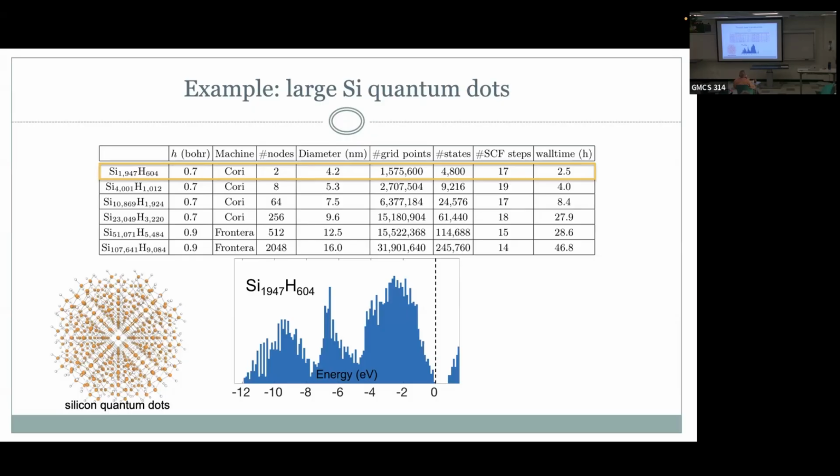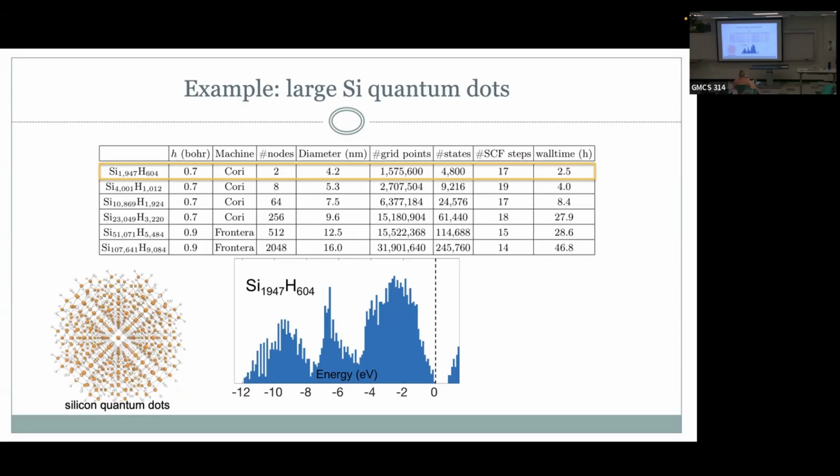These are the supercomputers we run these on. The number of nodes. This is the grid spacing, meaning the spacing between grid points, right? So this is one of the advantages of real space, where in other types of density functional theory methods, you have to optimize different parameters, 2 or 3 different parameters.